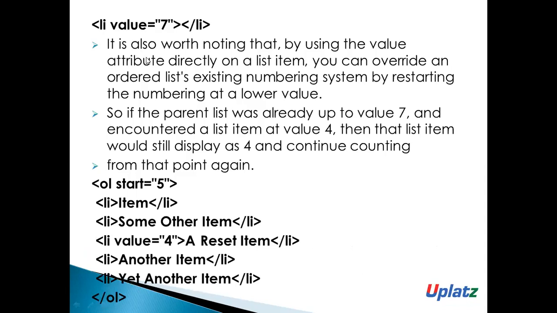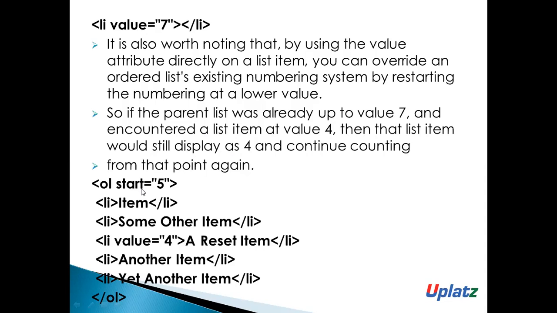It is worth noting that by using the value attribute you can override the ordered list by restarting the number at a lower value. So if the parent list was already up to a value 7 and encountered a list item with the value 4, then that list item would still be displayed as 4 and continue counting from that point again.